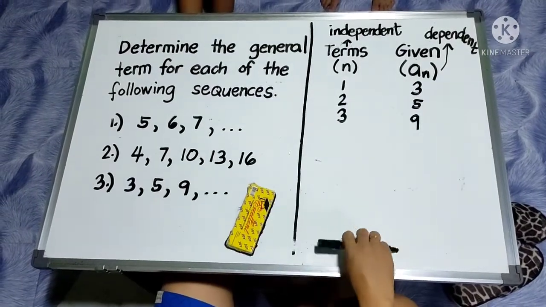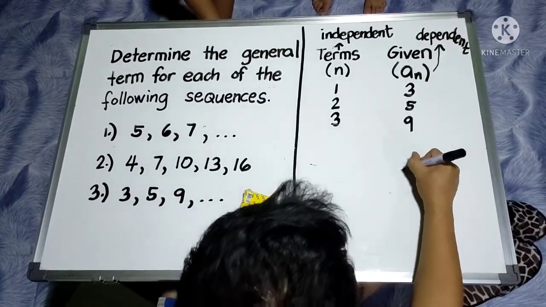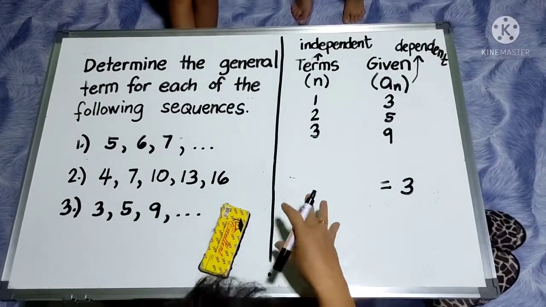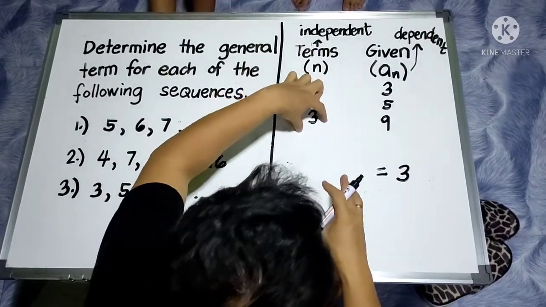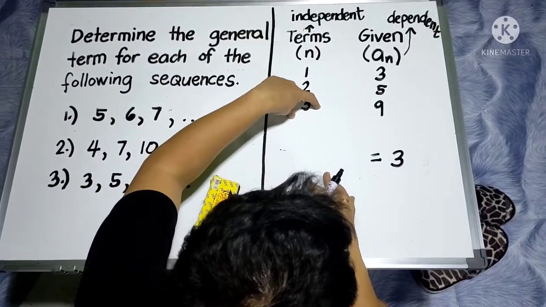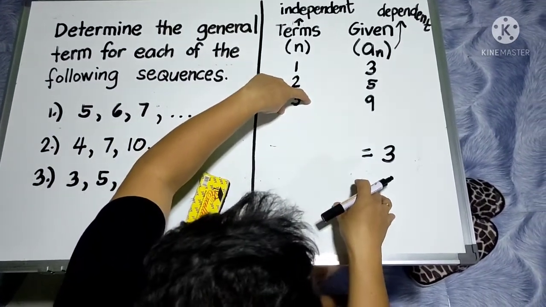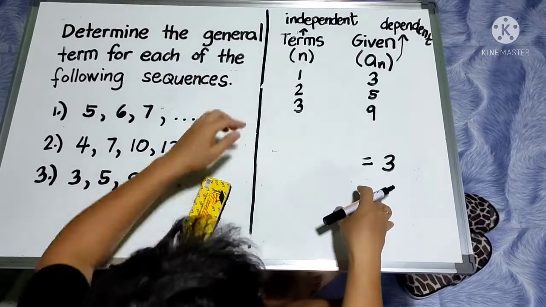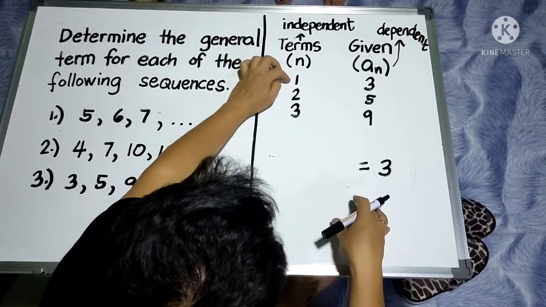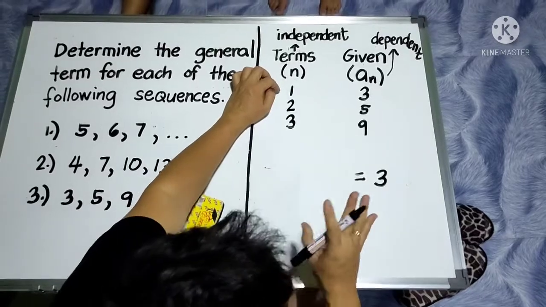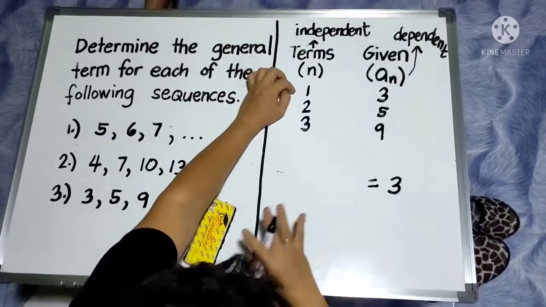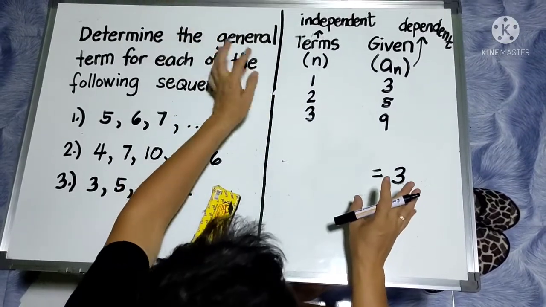Okay? So you have to entertain the thought of having your n as the exponents. As the exponents. Okay? So let us try with this. We will not start with number 1. Any number 1 raised to any number is still equal to 1. So disregard that.